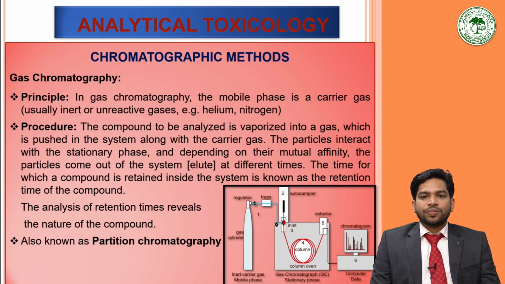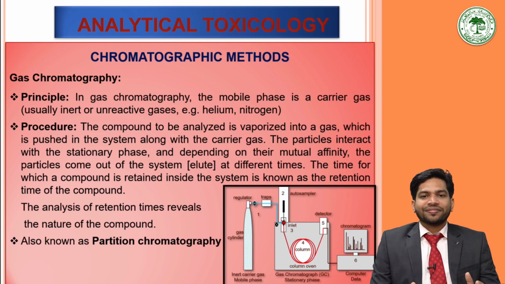The compound to be analyzed is vaporized into a gas, which is pushed through the system along with the carrier gas. The particles interact with the stationary phase, and depending on their mutual affinity, the particles come out of the system at different times. The time for which a compound is retained inside the system is known as the retention time of the compound.